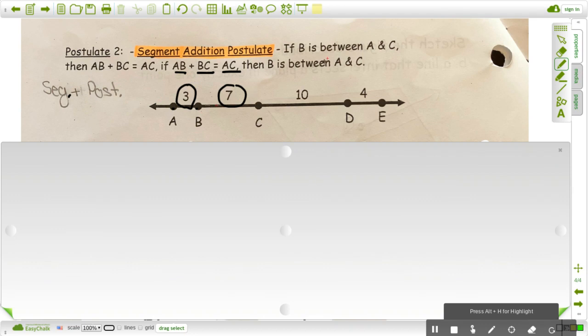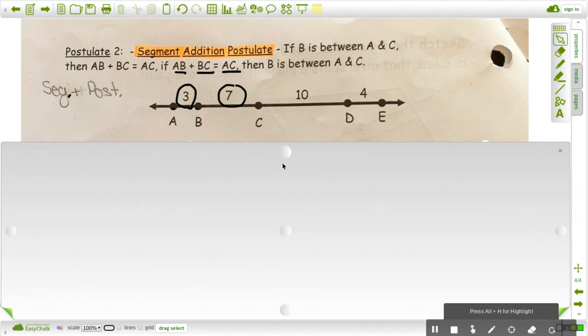You really don't need to know this, but if B is between A and C, then AB plus BC is equal to AC. Or you can use any of these. You can say if BC plus CD is equal to BD. Remember, it's not line segment.